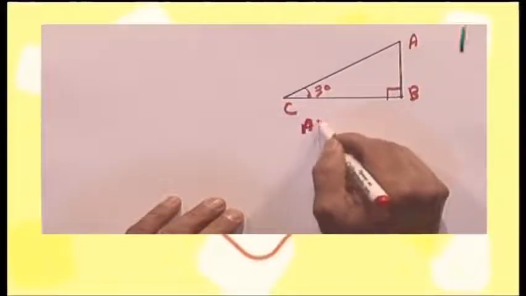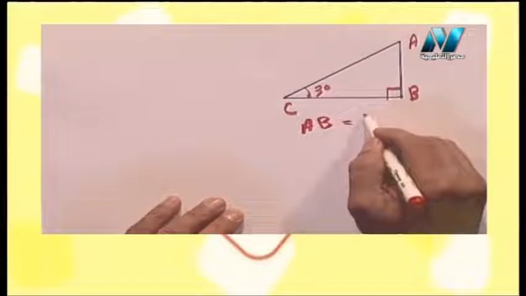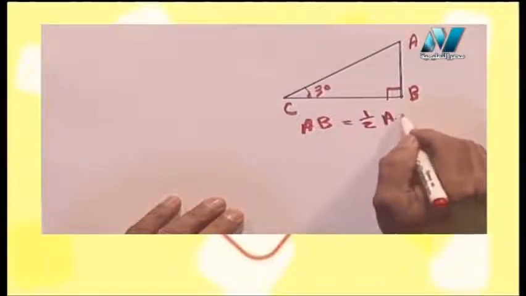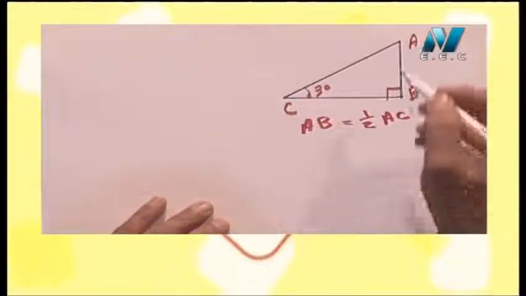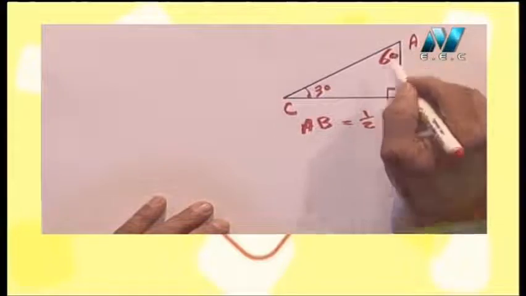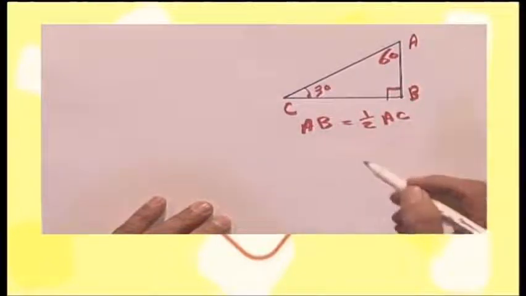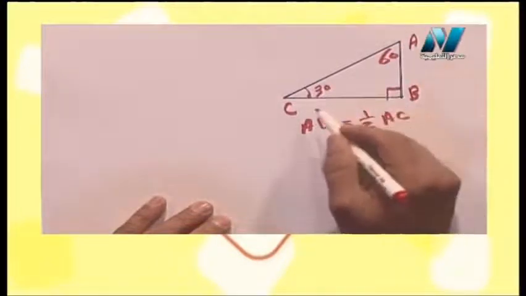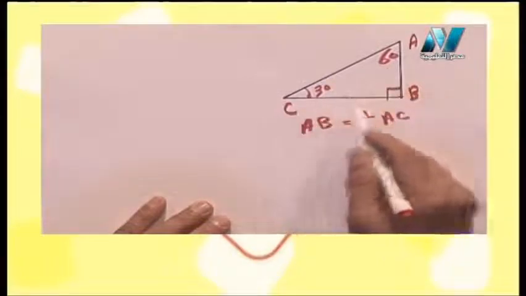So AB equals half AC, and we have here 60 degrees, and the opposite side of 60 degrees will be CB.